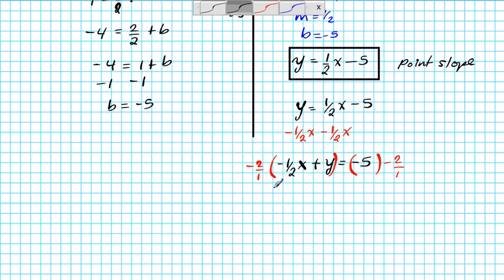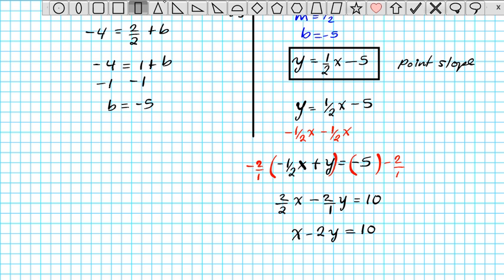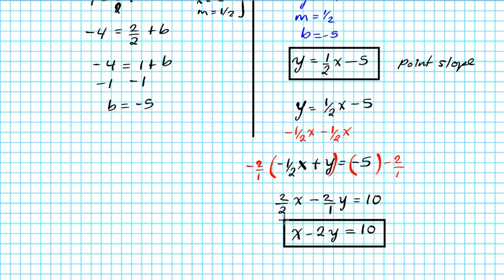Minus times minus is a plus, and then this way you have 2/2 x minus 2/1 y, and on this side is 10. Simplifying further, we have x minus 2y equals 10. Voila! There goes your answer in standard form. So that's the answer in standard form.